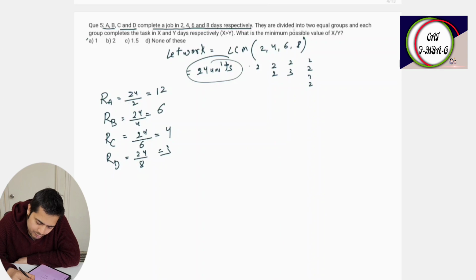These are required to be divided into two equal groups, and each group completes one task.